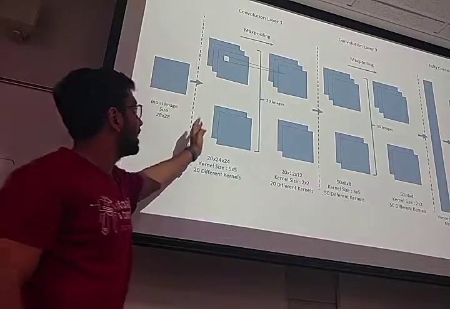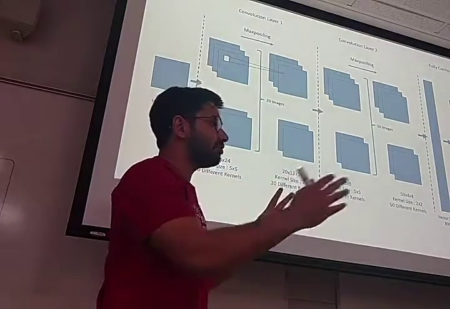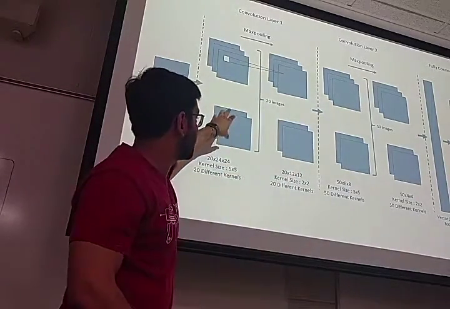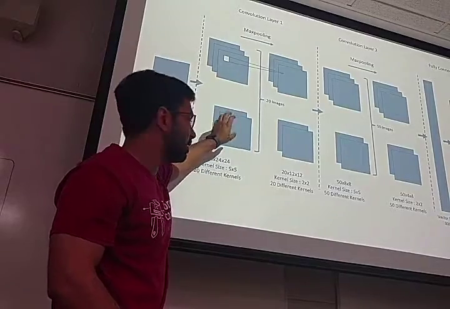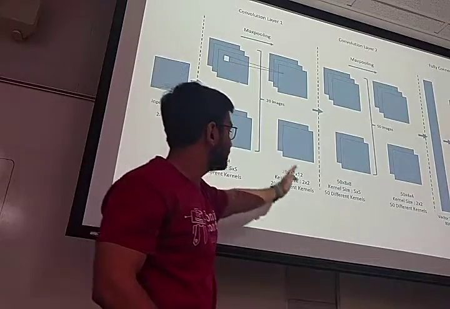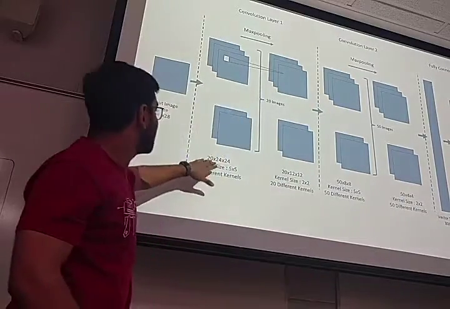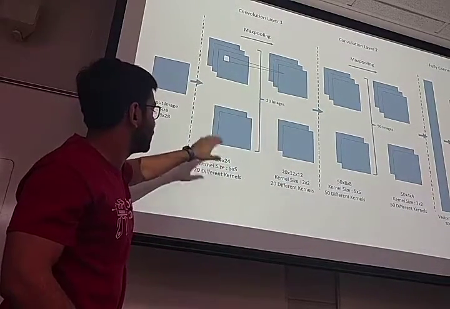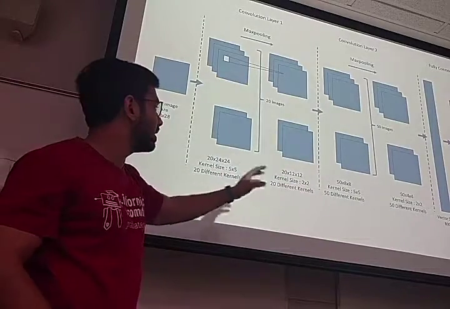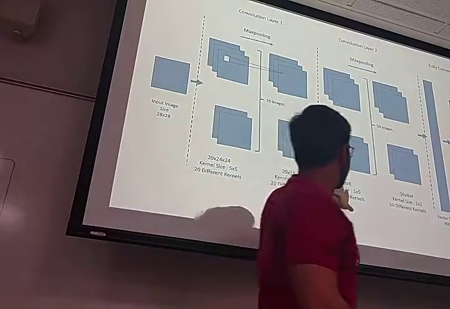In max pooling, instead of multiplying with the kernels, we just pick out the maximum number. So it further downsamples the image from 24 by 24 to 12 by 12. Here there are 20 different kernels, and further on we use 50 kernels.